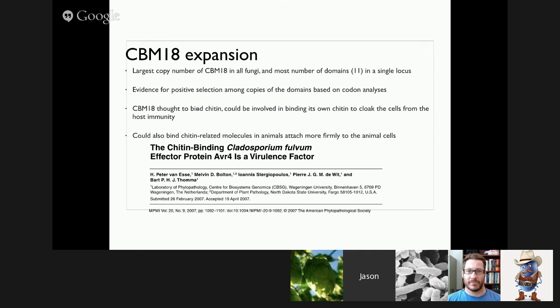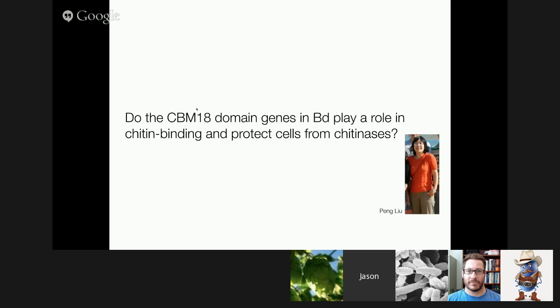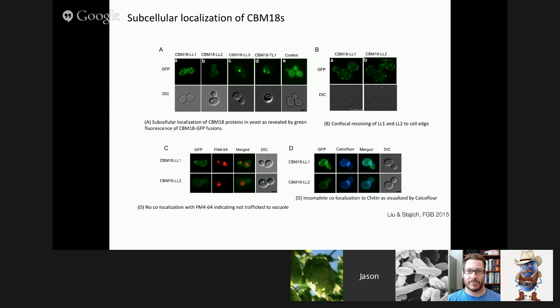So that's one study that had been done in plant pathogens, and another postdoc in the lab wanted to know whether CBM18 could really provide this role of protecting the cells from chitinases. She cloned out several copies of the gene. We didn't do all 11, but she took several copies and we expressed them in yeast to see where they localized.